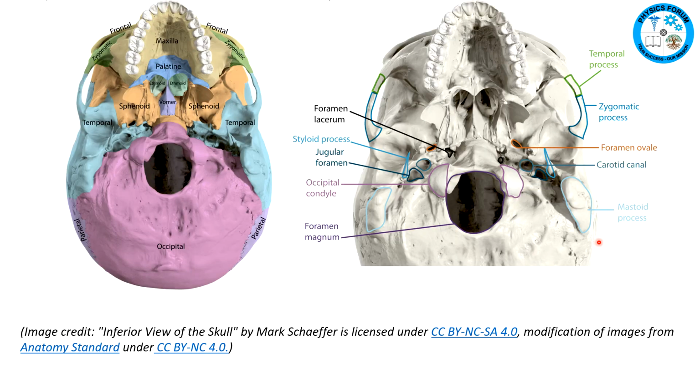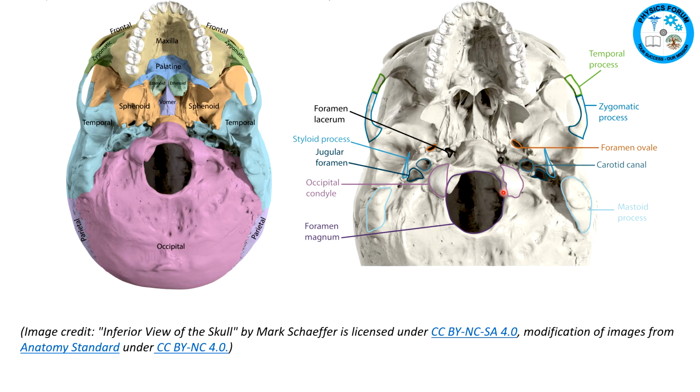Next is the inferior view of the skull, and you can see there are several openings called foramina. This is the largest opening called foramen magnum, which allows the spinal cord to connect with the brain.